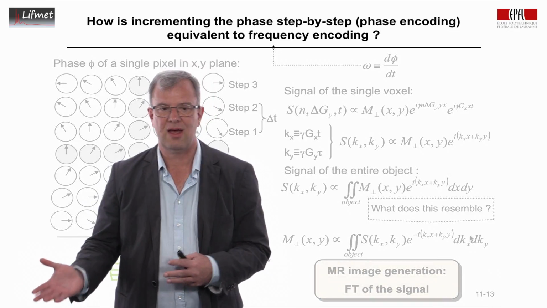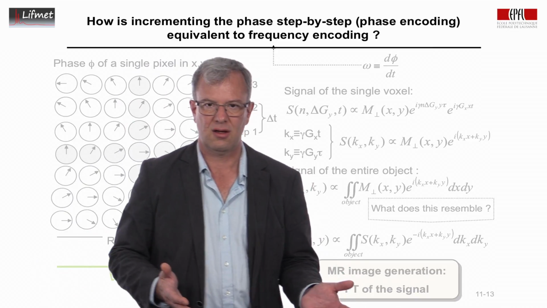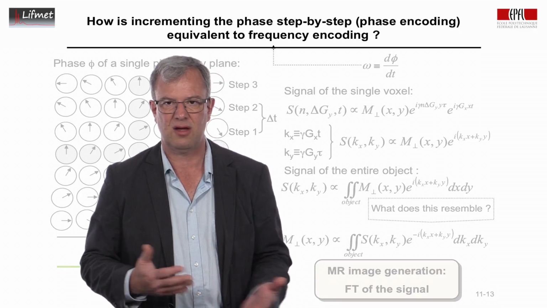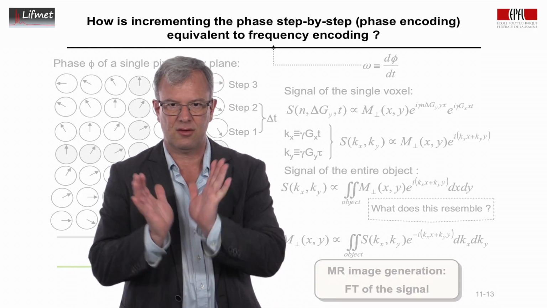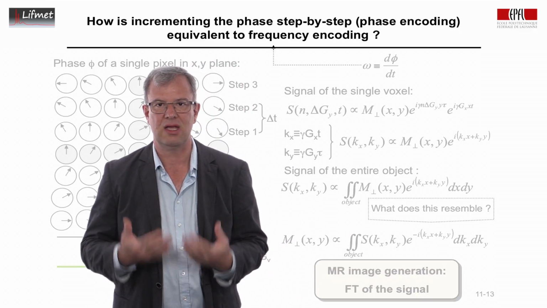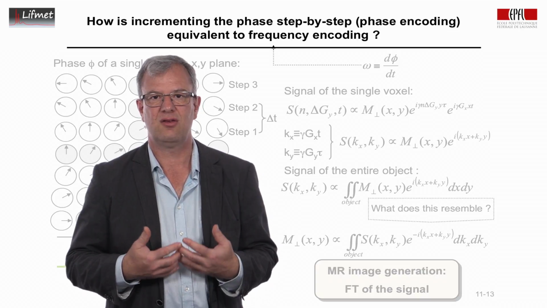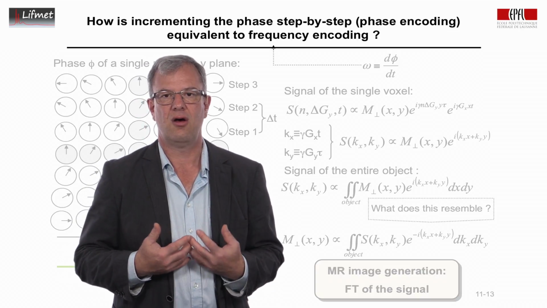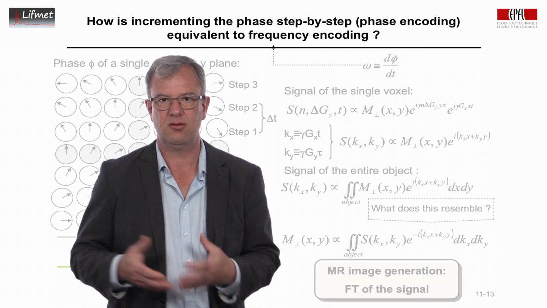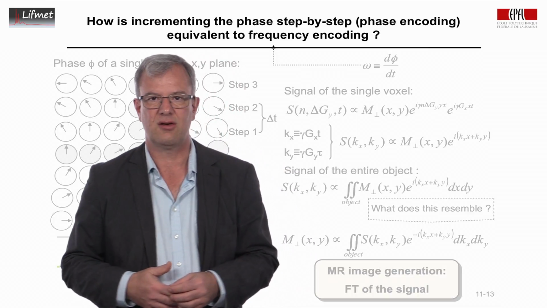So k-space and real space, it's like Fourier space and real space, like reciprocal space, that's the k-space term. Here x and y are the real space, but in the process of acquiring the image with MRI, essentially what we are acquiring is the Fourier transformation of the object. And to obtain the image from the data that's stored in a computer, what one has to do is a two-dimensional Fourier transformation.